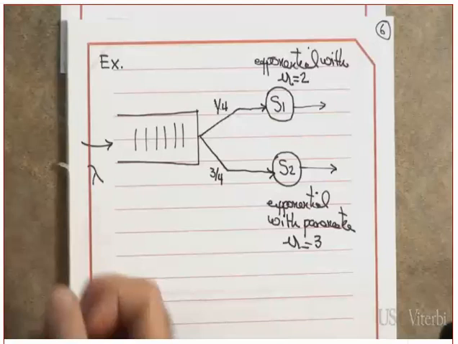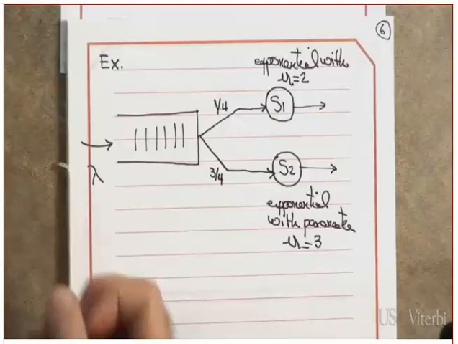What is E[S]? Still waiting. What is E[S]? Do we know the E[S] of this guy? What is it? What is the E[S] of this one here, times 1/4? Yes or no? In other words, let's write it.